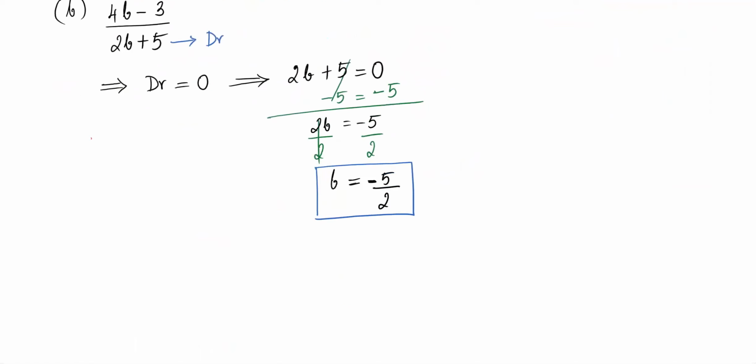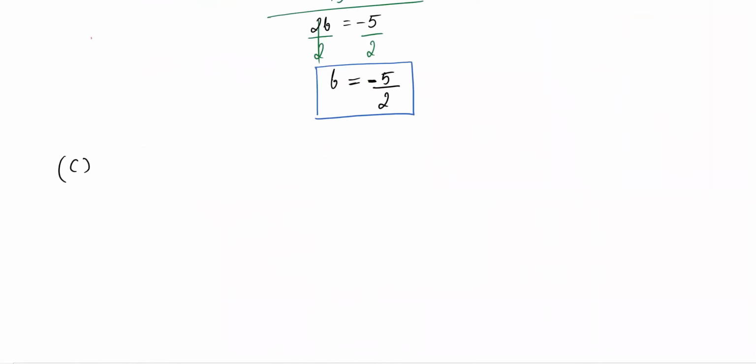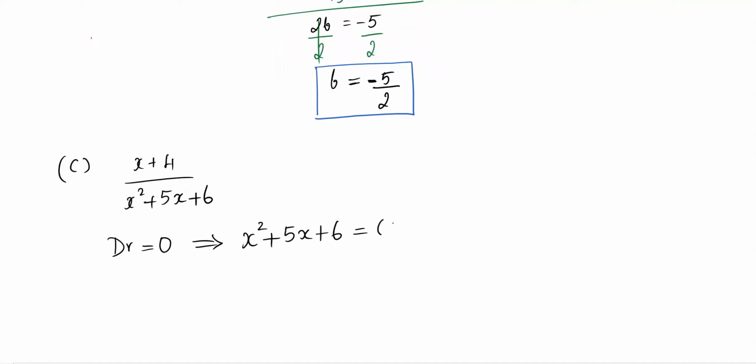Okay. Let's go to part C. Part C was x plus 4 over x squared plus 5x plus 6. Again, your denominator is of concern. So denominator equals 0 implies you take the denominator, x squared plus 5x plus 6, and set it to 0.